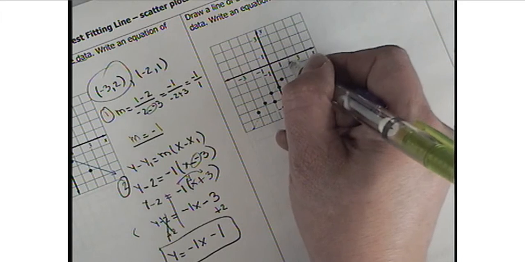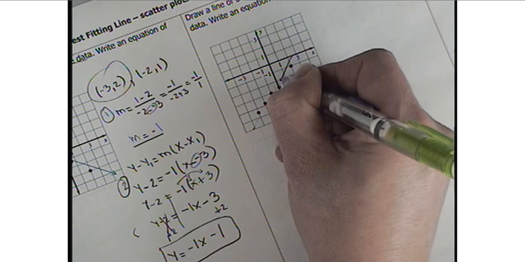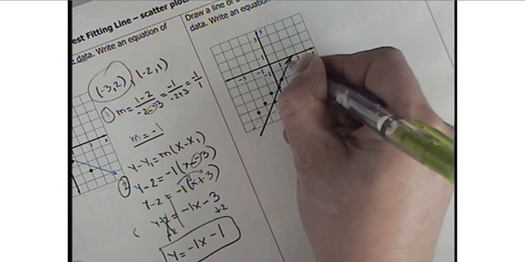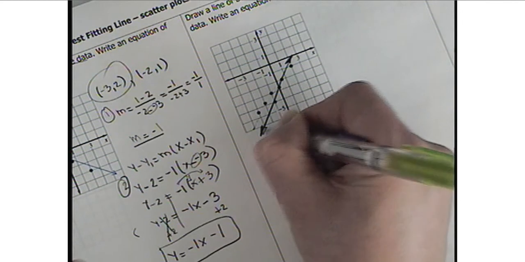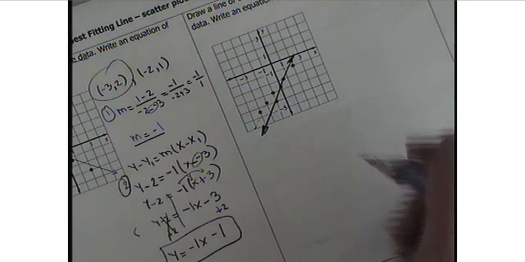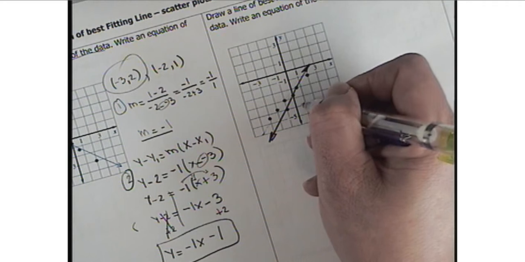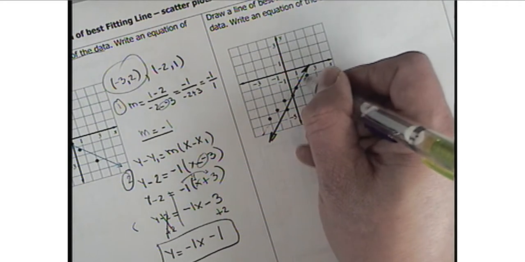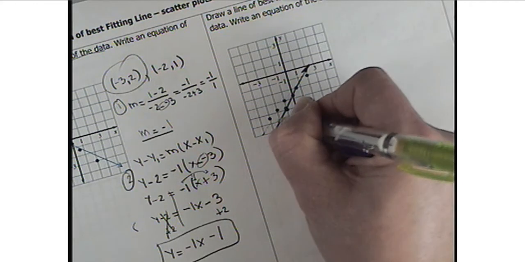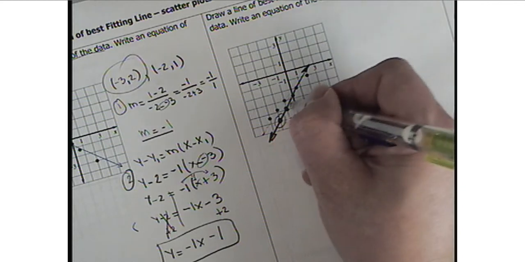Remember, you always want to have 2 or 3 points above and 2 or 3 points below the line, just to be exactly in the middle. So I'm going to use maybe this point and this point. Those will be my 2 points.